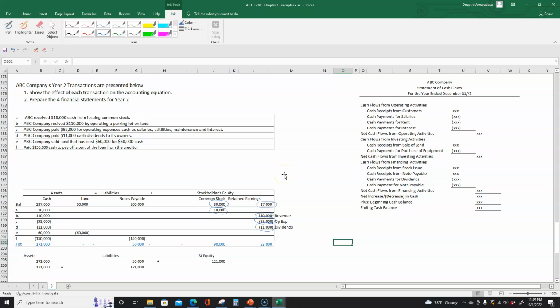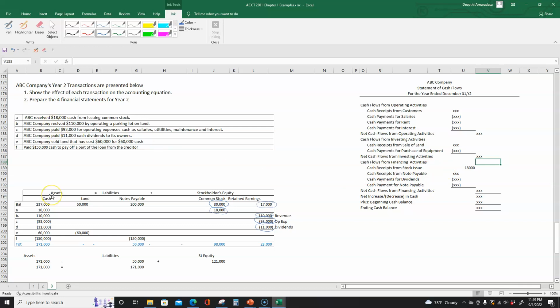There's already a header that says cash receipts from stock issue, so I'm going to put 18,000 as a positive number because cash is coming into the company. That's a cash inflow. Our cash increased, so it's a positive 18,000 for cash receipts from stock issue.